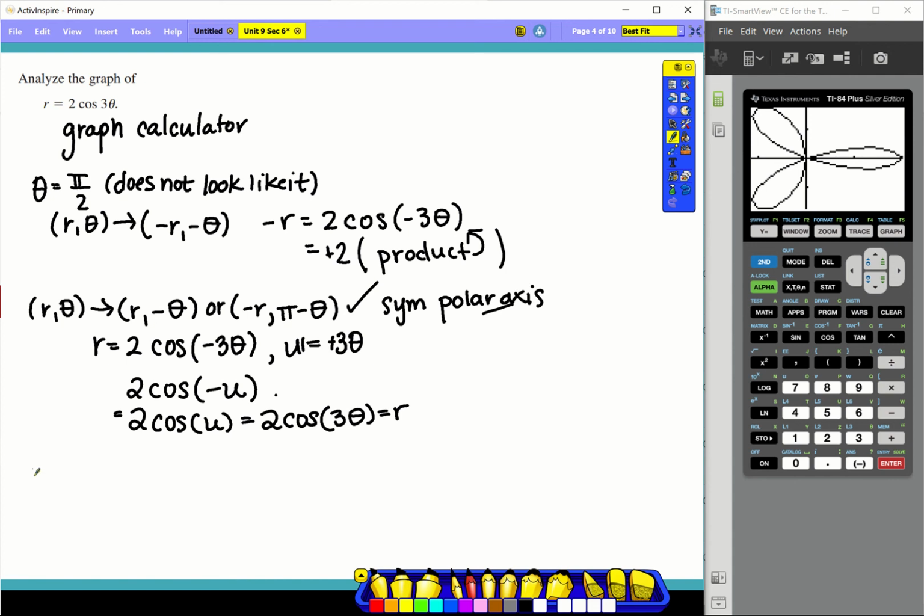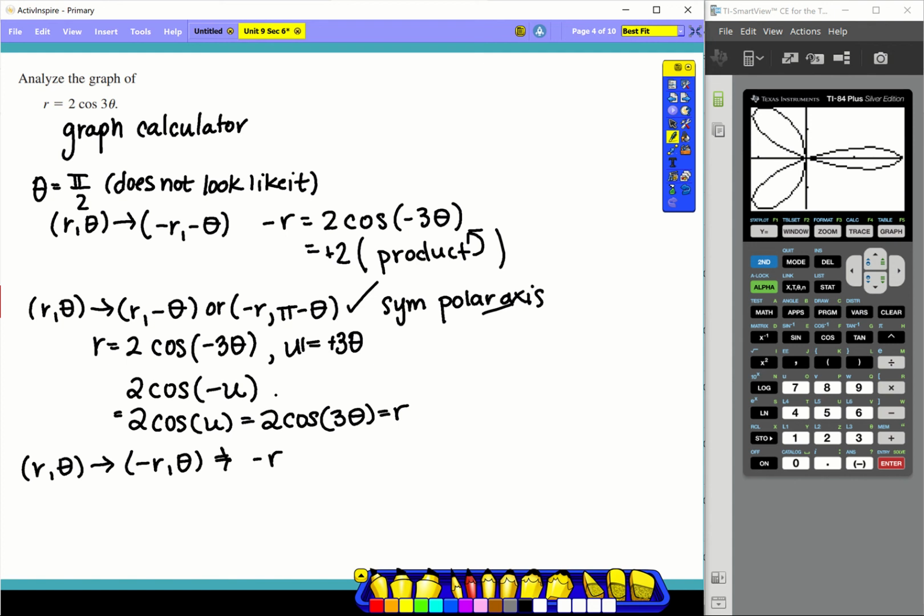Now, is it symmetric with the pole, the very, very center? I don't think so, but we'll have a look. R and theta are going to get replaced by, the easiest one is negative r, theta.